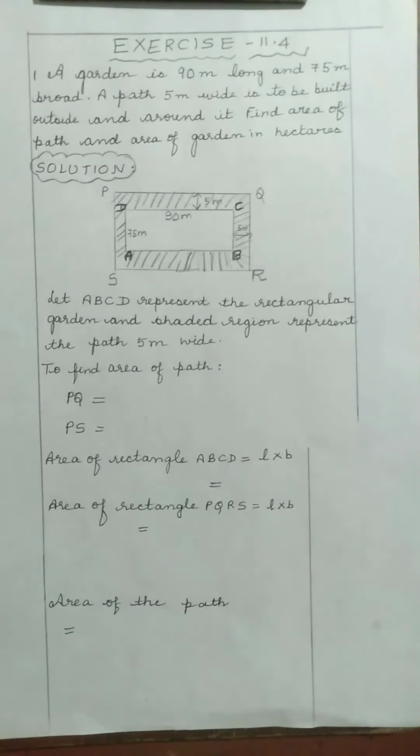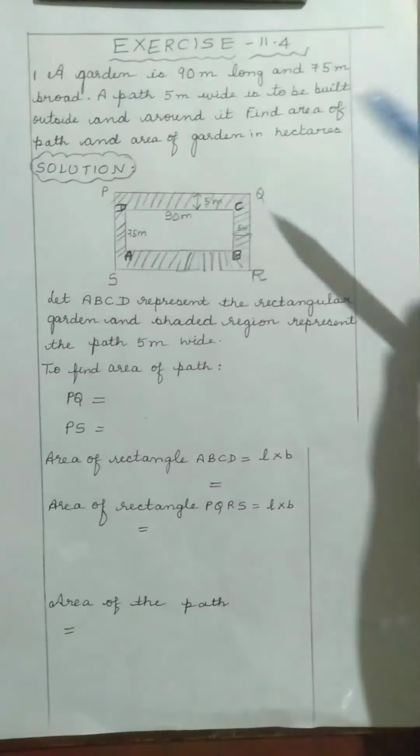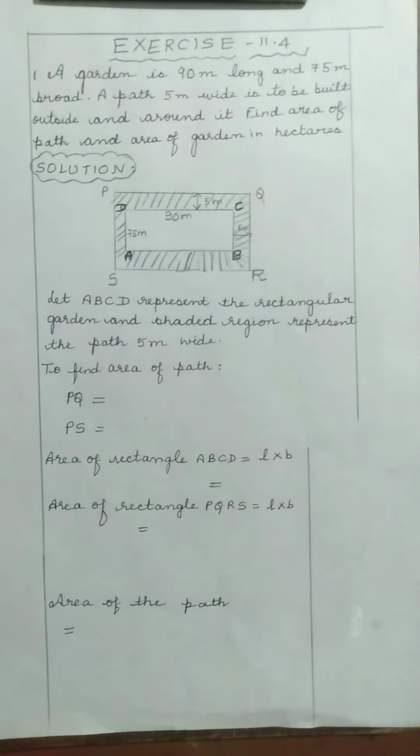Therefore, now children, we need to find out the area of the path and area of the garden in hectares. Hectare is a unit that is used to measure the land areas.